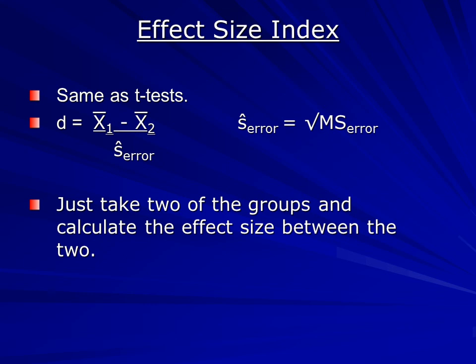We've got lowercase d, the difference between the two averages, and we divide it by an error term. Again, look it up in the back of the book. I'll give you this error term, or I'll give you the equation to calculate it. So this is it, and then you interpret it the same way: the 0.2, 0.5, 0.8 for that lowercase d.